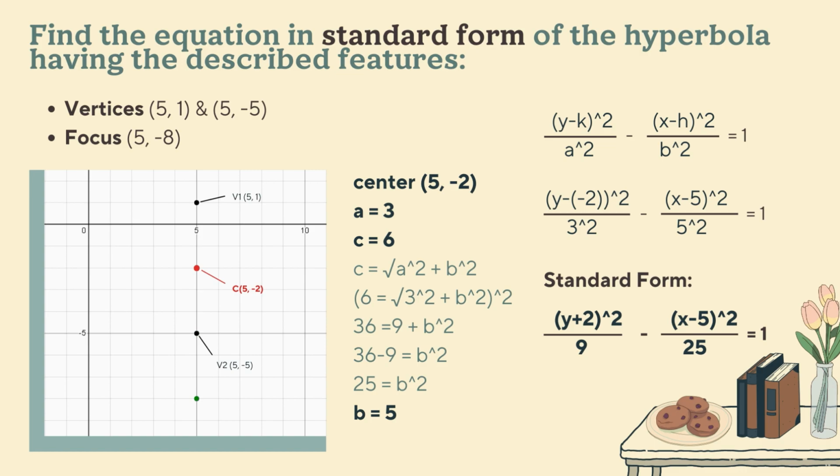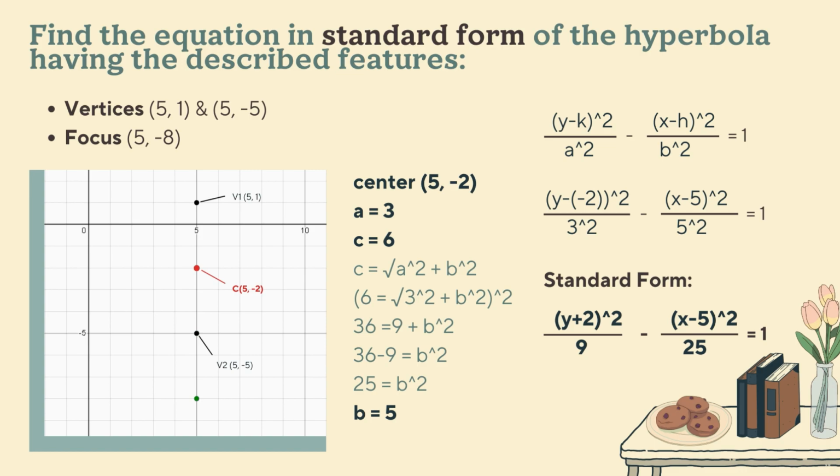So we have c is equal to 6, a is equal to 3, and then we're going to square the entire equation to get rid of the square root. And so we have 36 is equal to 9 plus b squared. Transpose 9 to the other side. So we have 36 minus 9 is equal to b squared, and we have 25 is equal to b squared.